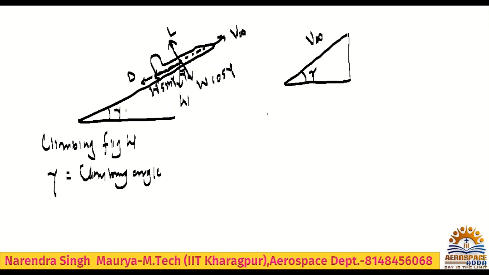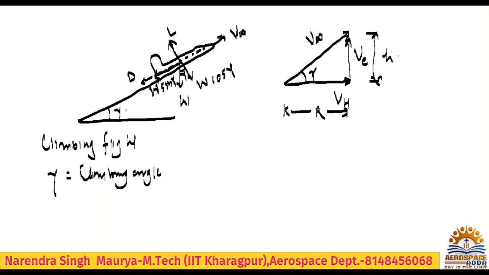Climbing means it is gaining altitude, so altitude will be increasing. In the vertical direction it will have a velocity component Vc, and in the horizontal direction a Vh. This will be used to calculate range, and this will be used to calculate the altitude gained, h.